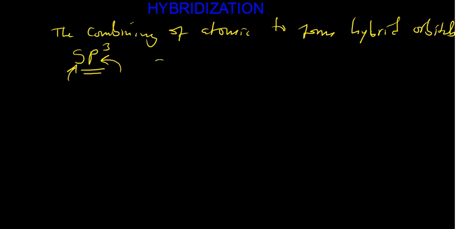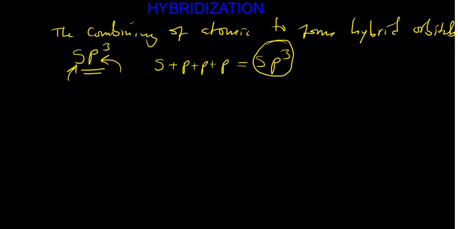So what you have is s plus p plus p plus p, giving us the sp3 hybrid orbital. These orbitals come from a combination of four atomic orbitals.